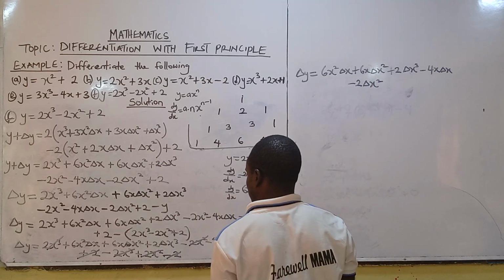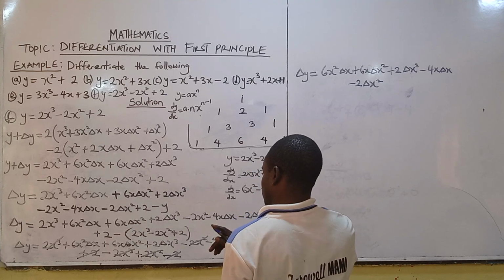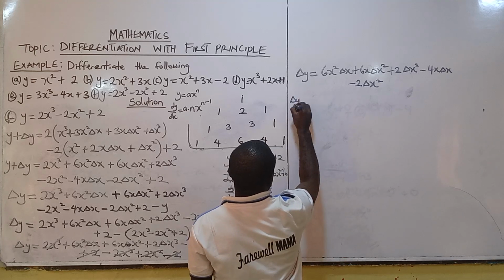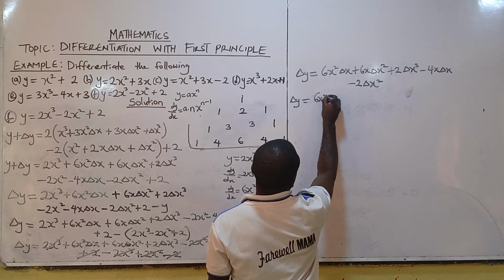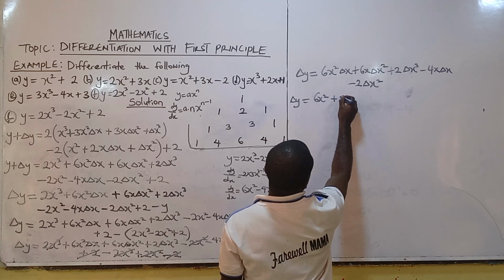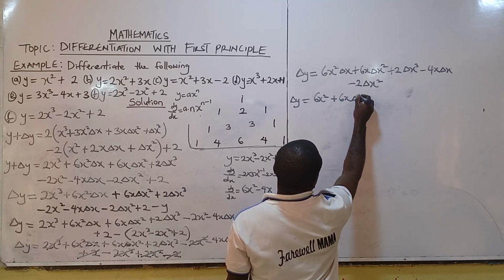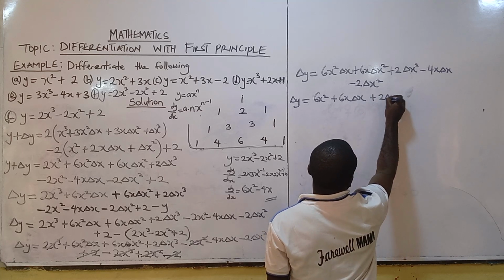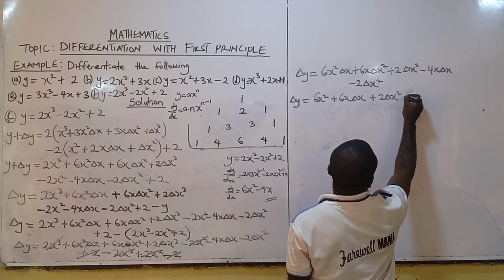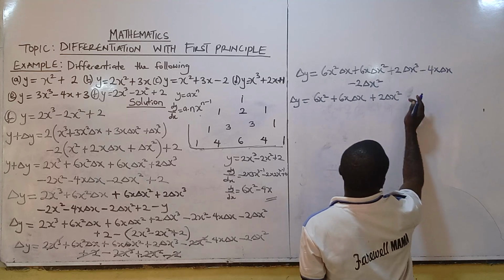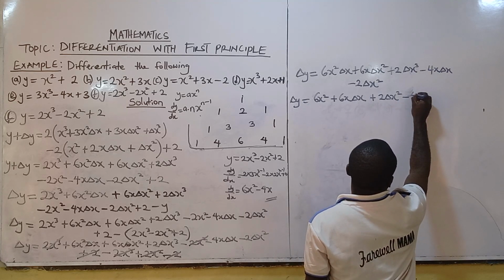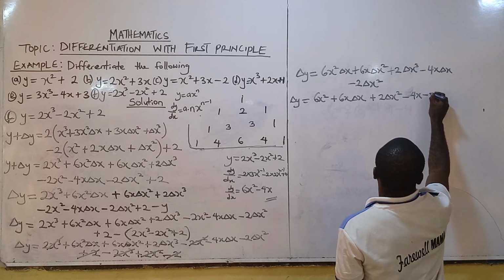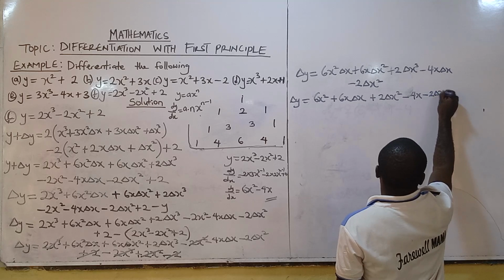Now let's factorize. dy equals 6x squared plus 6x dx plus 2 dx squared. I'm trying to remove 1 dx from each of them, minus 4x minus 2 dx.